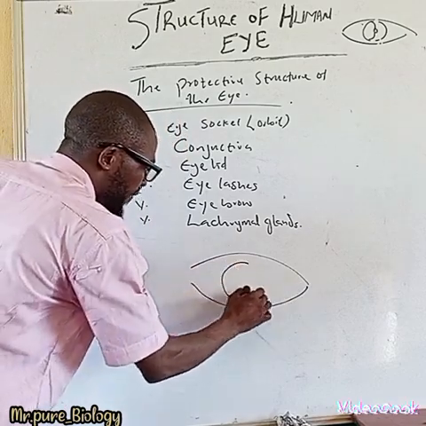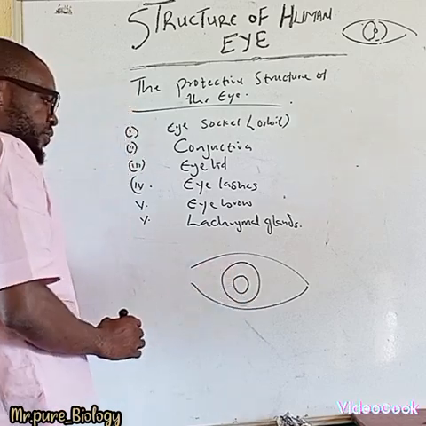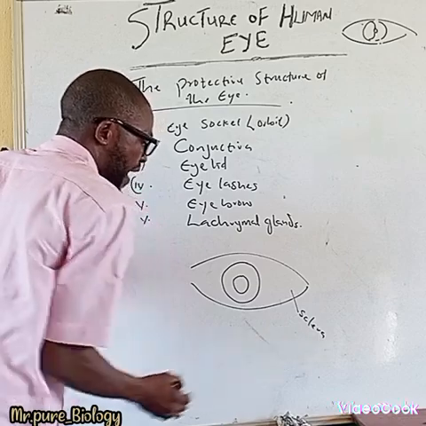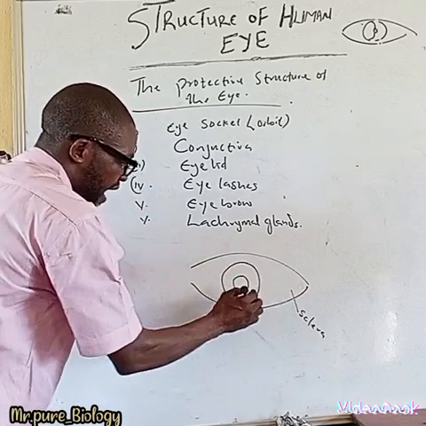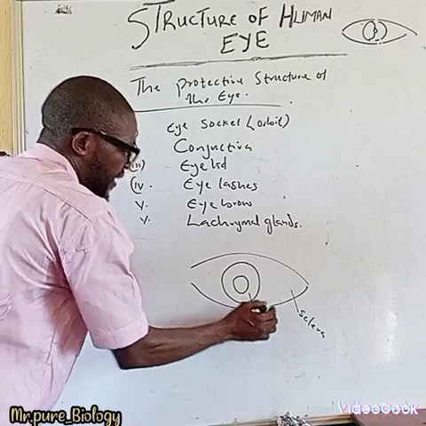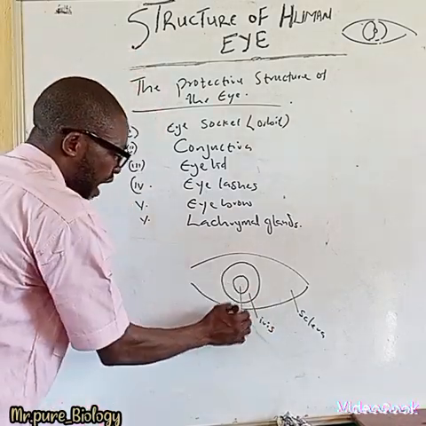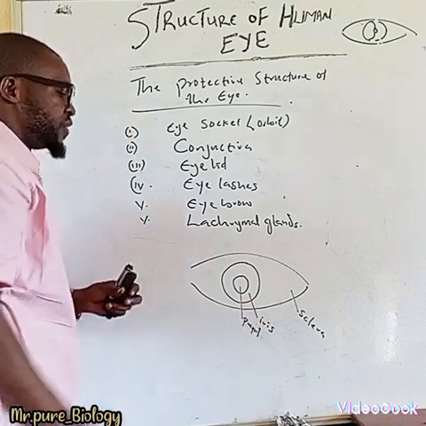Here we have the iris, and at the center of the iris, we have the pupil. And here we have the sclera. The white part of the eyeball is what we call the sclera. The iris is the disc-like structure at the center of the eyeball, and the pupil is the hole at the center of the iris.